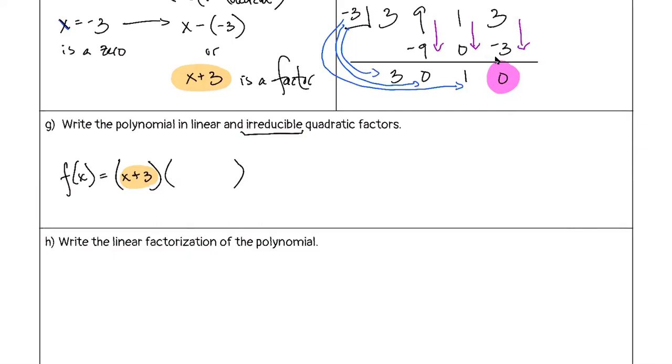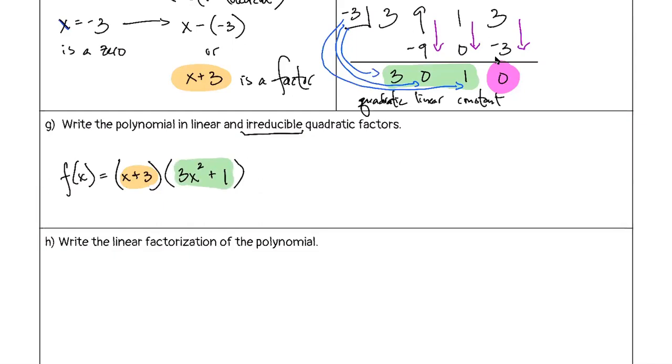Okay, good. So remember, all of the numbers tell us about our new factor. This 1 is a constant, the 0 is the linear term, and the 3 is the quadratic term. And so when we plug these in, we get 3x squared plus 1 as our quadratic factor, right?